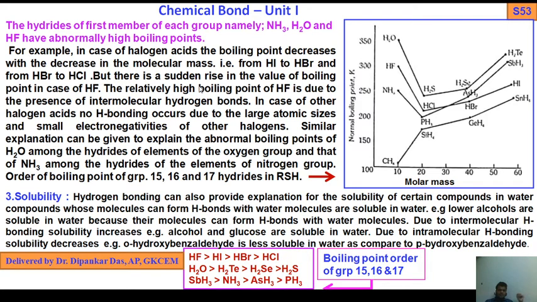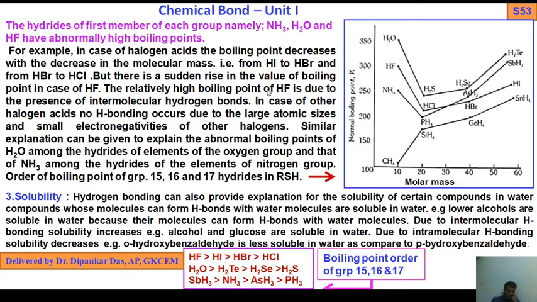But there is a sudden rise in the boiling point in case of HF. So HF has a high boiling point, then HCl, and then it increases again due to the increase of molecular weight, surface area, and van der Waals forces when you move down the group.